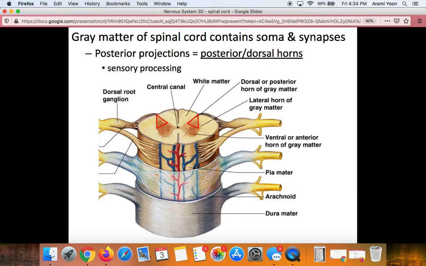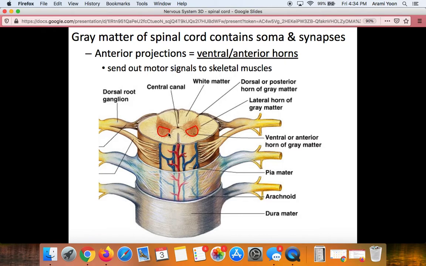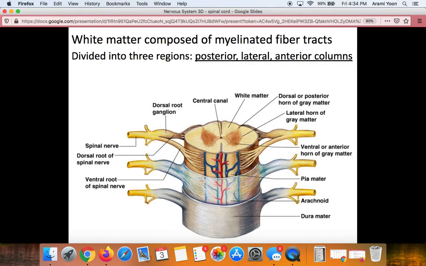So once again, you have sensory information coming through the spinal nerves here and being processed here, and then that's going to eventually trigger motor information to be processed here in the ventral horns and to go out through the spinal nerves to then trigger the effector skeletal muscles.